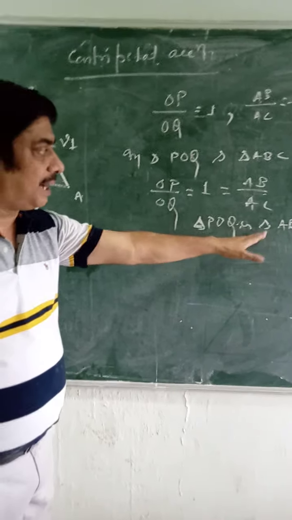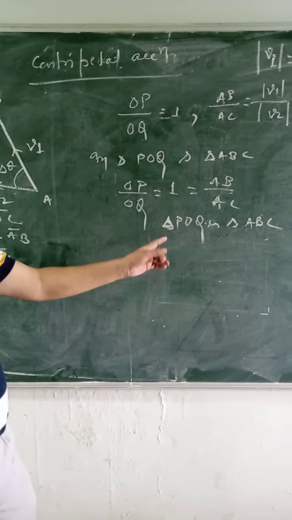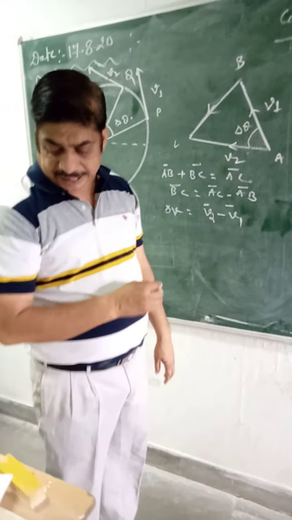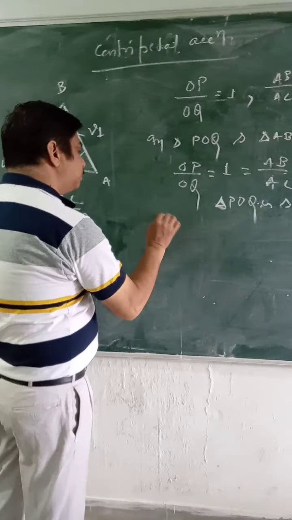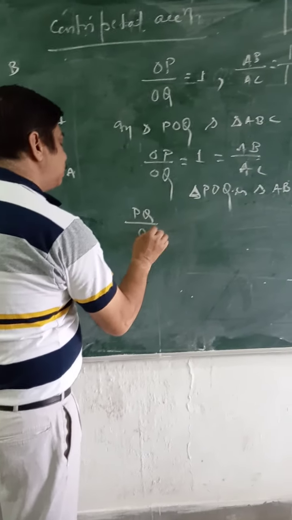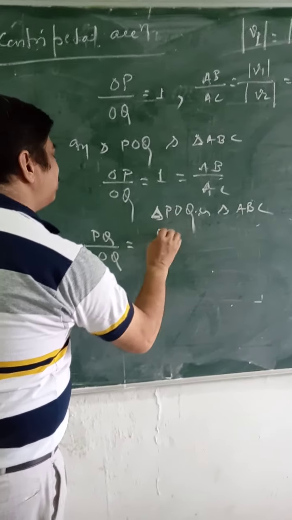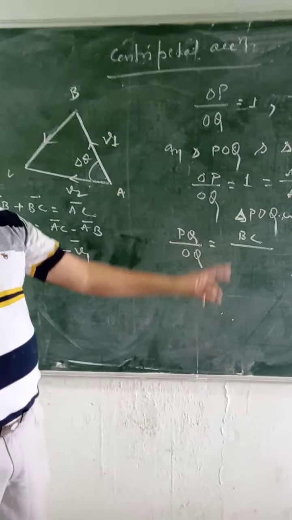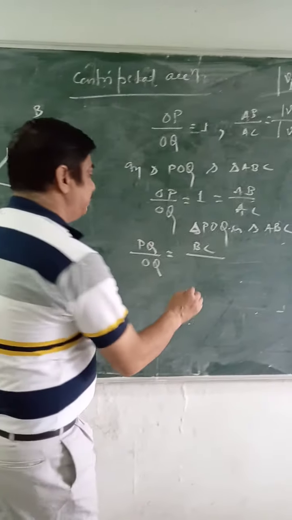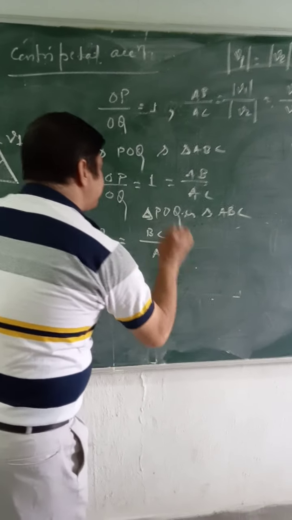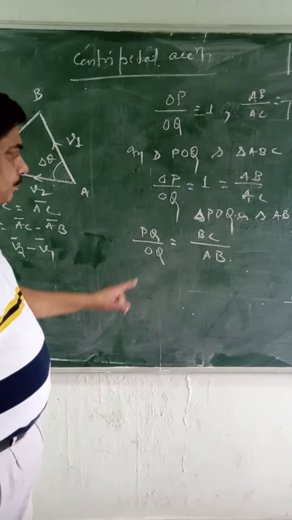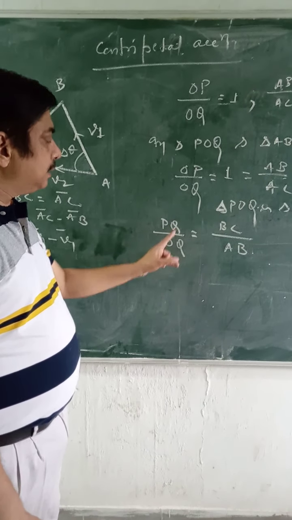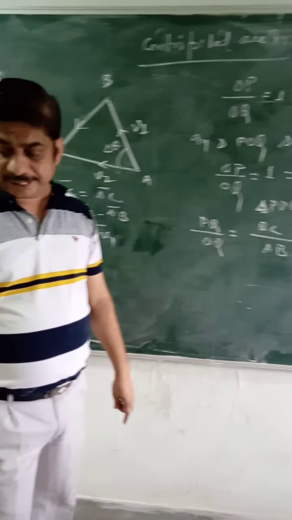And if the triangles are similar, then the ratios of the other corresponding sides are also equal. So in that case, PQ by OQ is equal to BC upon AB. What is PQ?